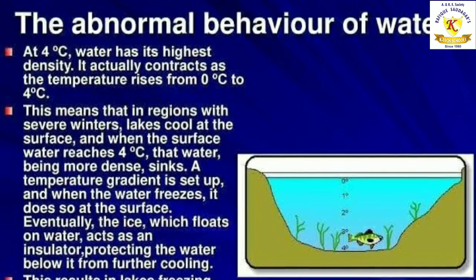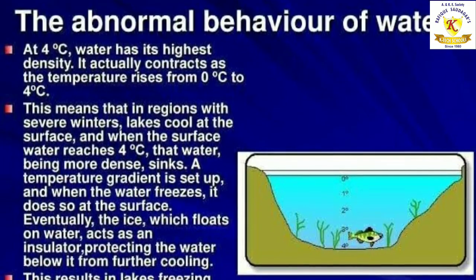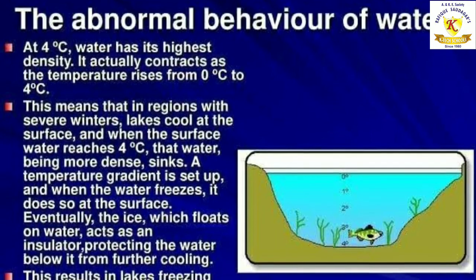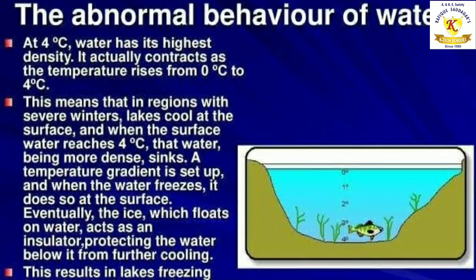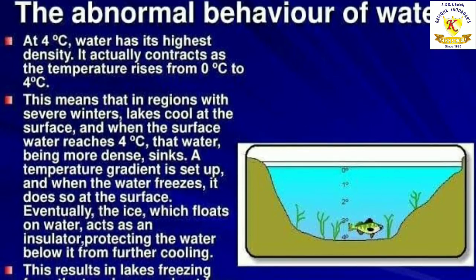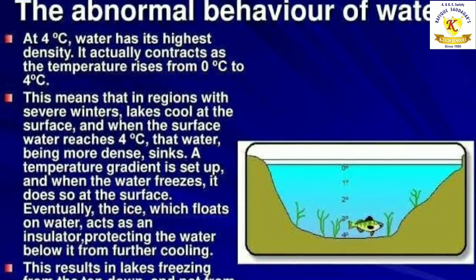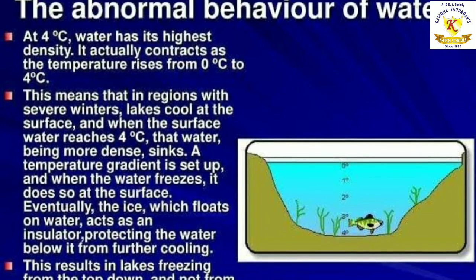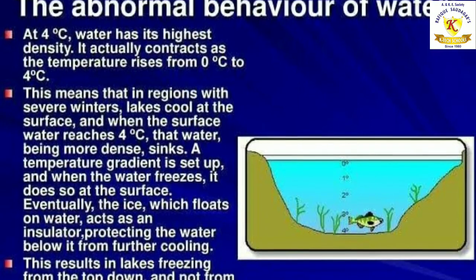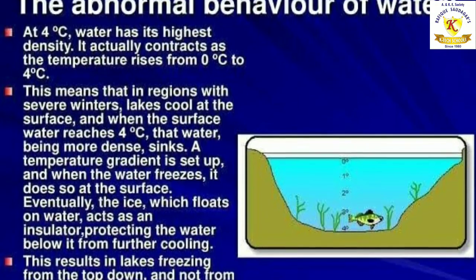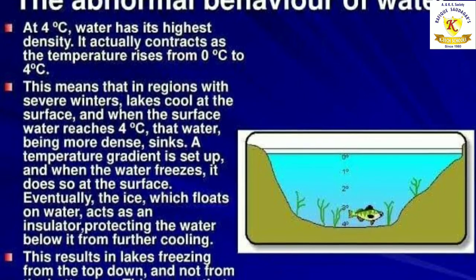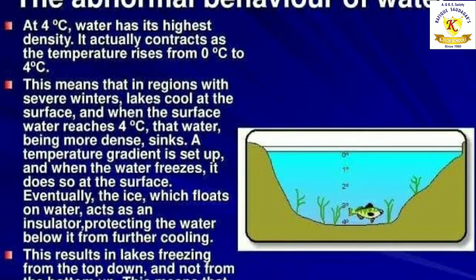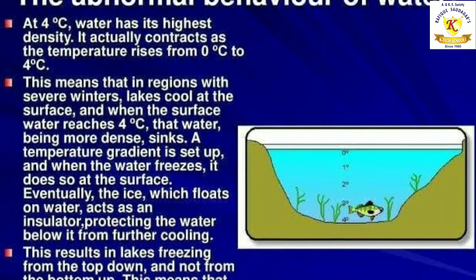At 4 degrees Celsius, water has its highest density. It actually contracts as the temperature rises from 0 degrees to 4 degrees Celsius. This means that in regions with severe winters, lakes cool at the surface, and when the surface water reaches 4 degrees, that water being more dense sinks.